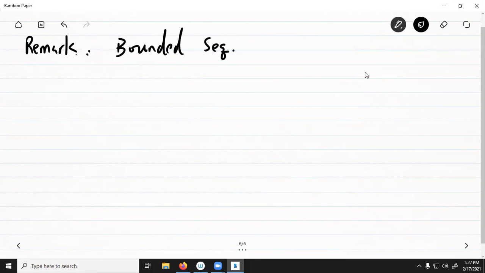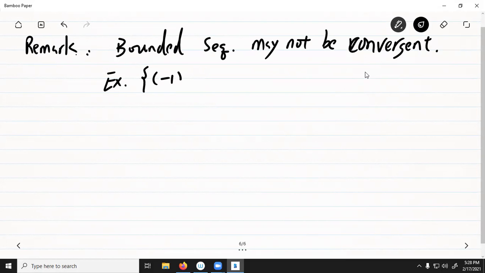So now let's look at the remark. The remark, as I said: a bounded sequence may not be convergent. For example, this sequence from my last lecture, I proved this sequence does not converge, but it's bounded.